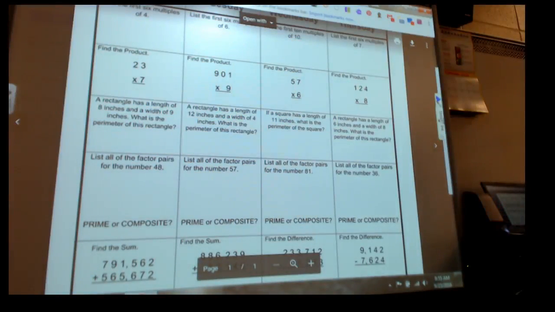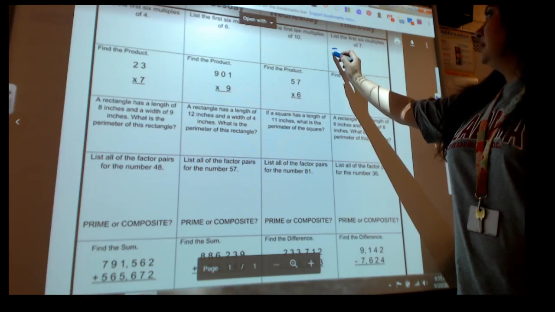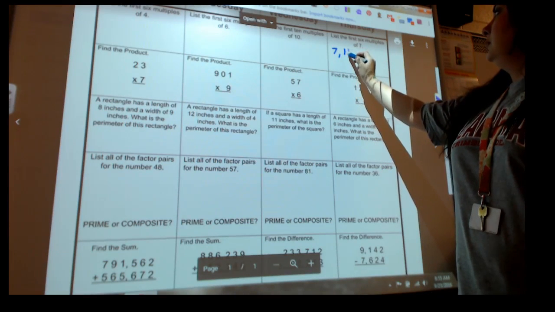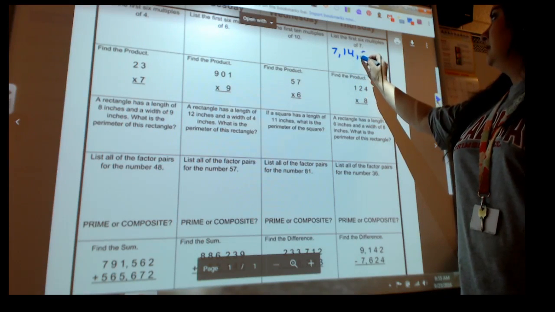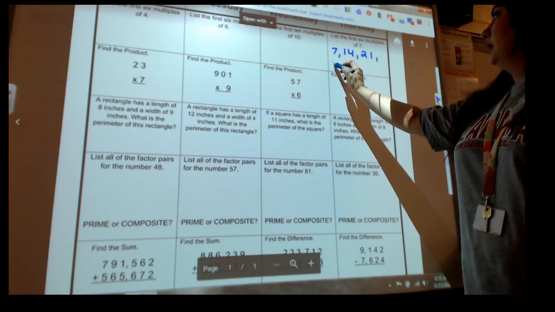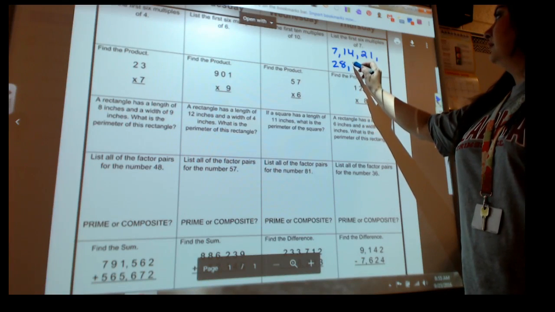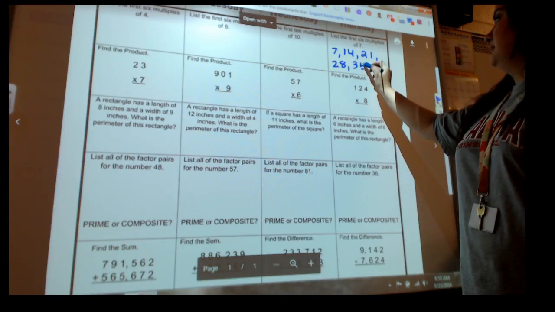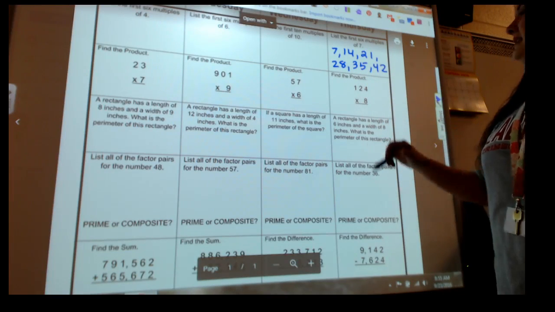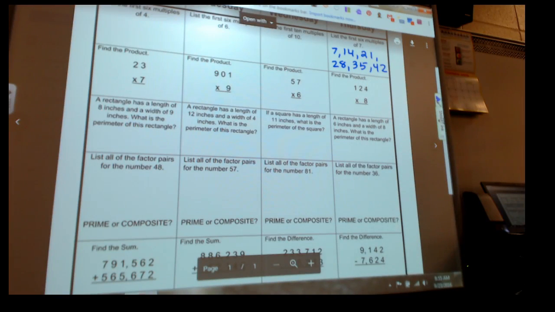So how do I find out the multiples of something? I just multiply. 7 times 1 is? 7 times 2? 7 times 3? 7 times 4? 7 times 5? 7 times 6? Why am I stopping there? Because I've got to list the first 6.